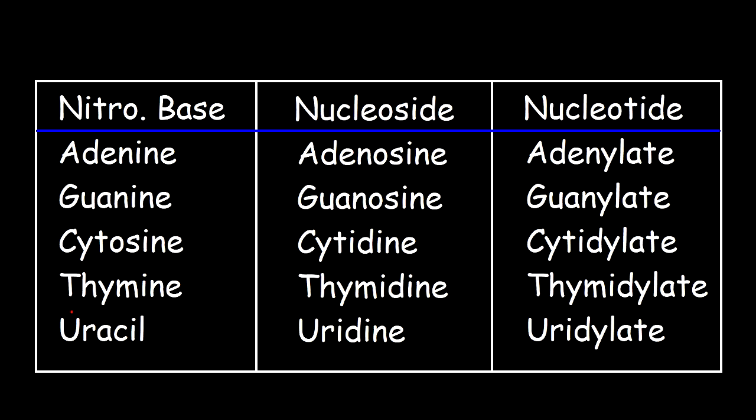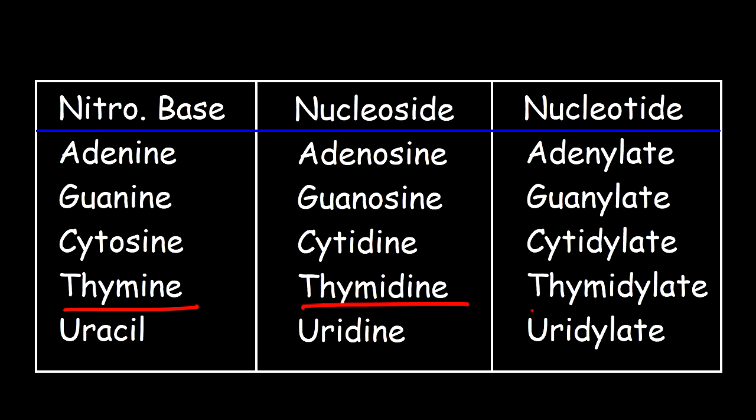Now the nitrogenous base thymine, once we add a ribose sugar to it, it becomes thymidine, if that's how you say it. But since thymine is found in DNA, chances are it's going to be added to a deoxyribose sugar, and so it becomes deoxythymidine.